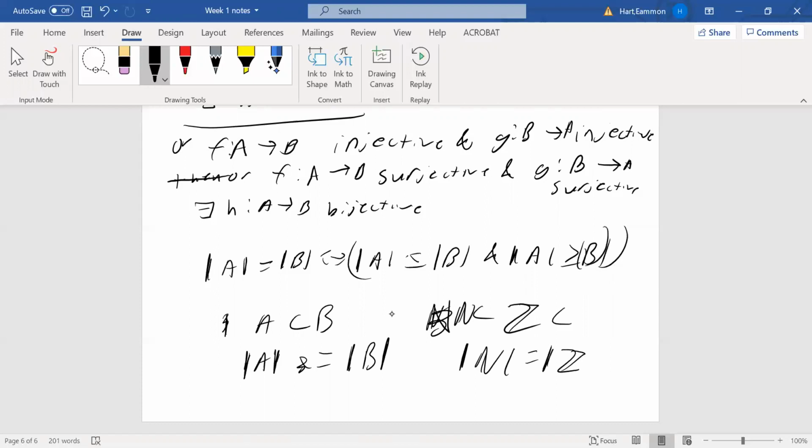And the integers are a proper subset of the rationals, and they have the same cardinality as well.